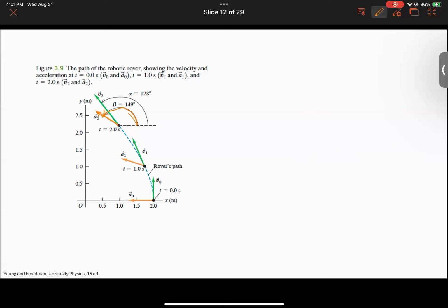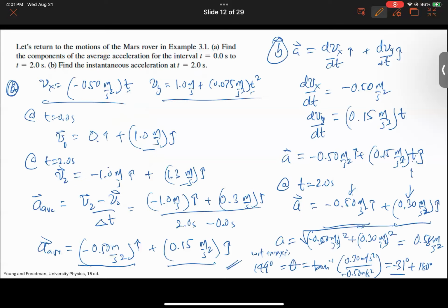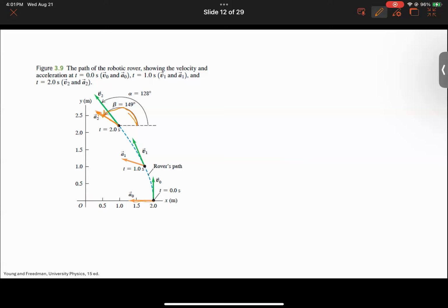Okay, at t equals 0, ang acceleration vector ay may x component lang kasi this becomes 0, diba? At t equals 0 seconds. So, x component lang meron. Kaya dito makikita nyo negative 0.5 lang yung acceleration vector. Okay? And then at t equals 1, magkakaroon na siya ng y component.